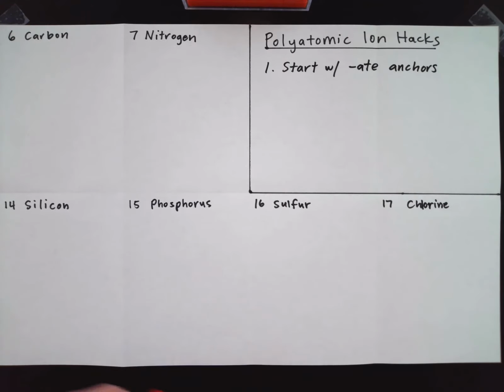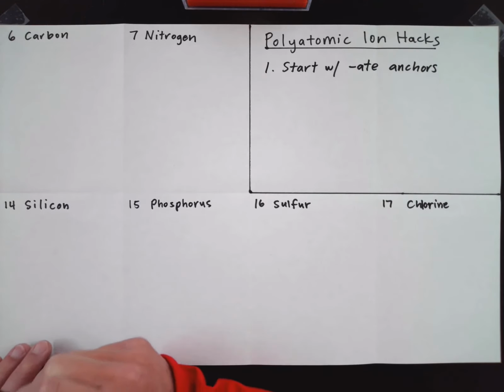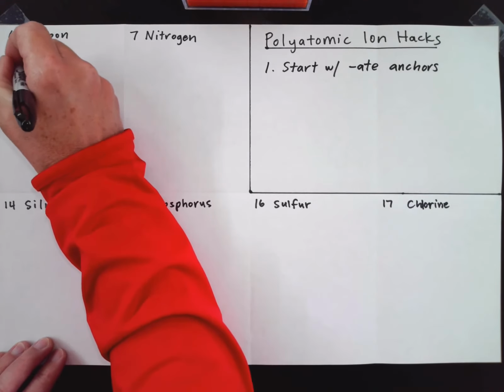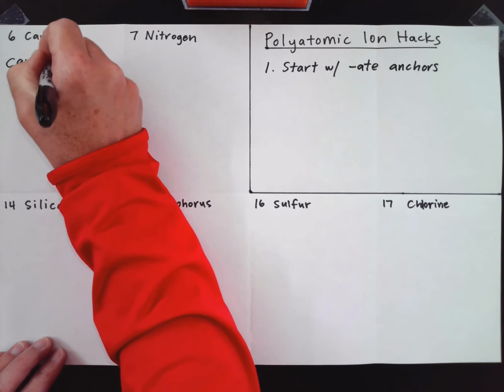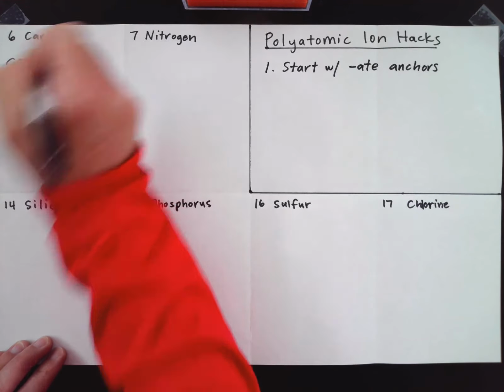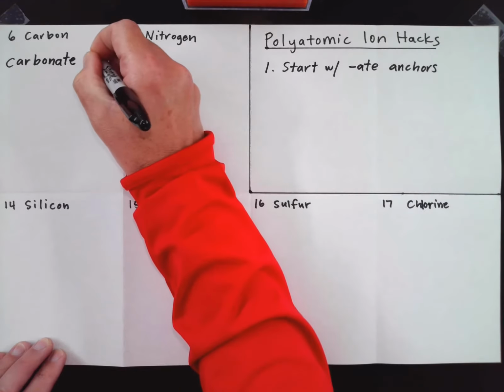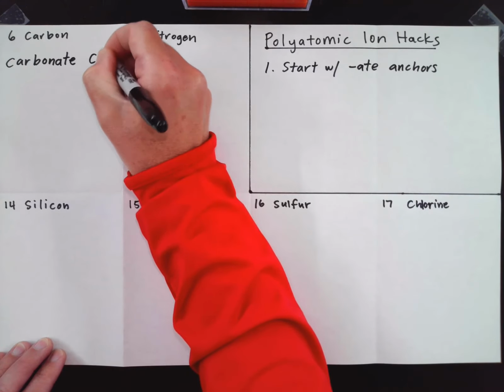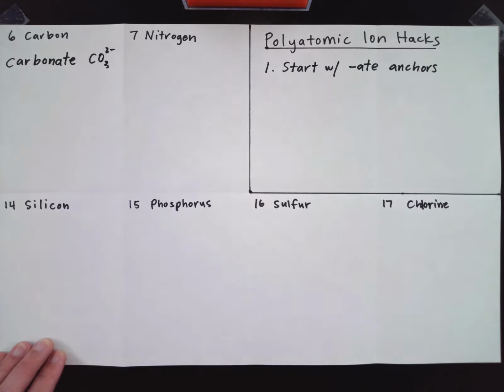These are very, very common polyatomic ions, and if you can remember the charge and formula of these 4, you can build out the rest of the table based on these. So my first ATE anchor is carbonate, which has a formula of CO3 with a 2- charge.